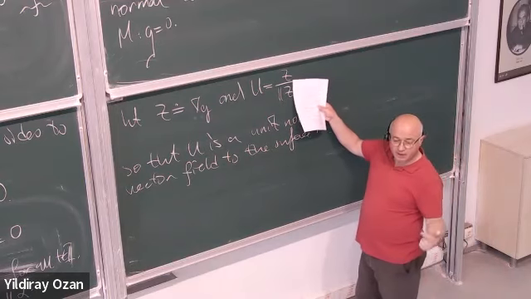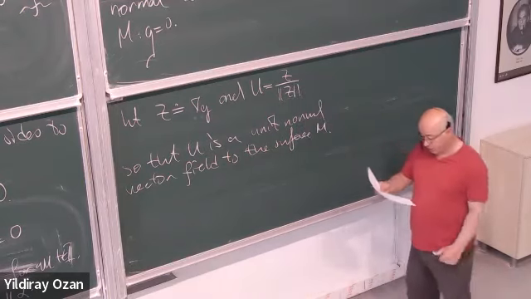So it is just the gradient divided by the length of the gradient.